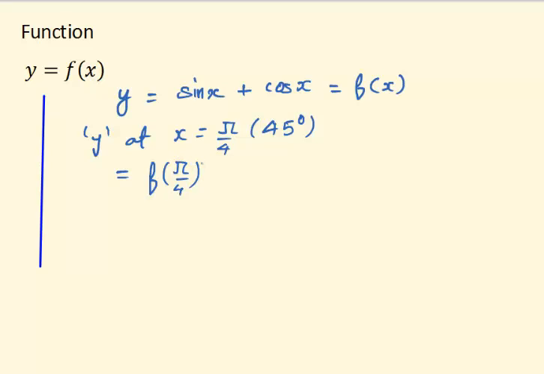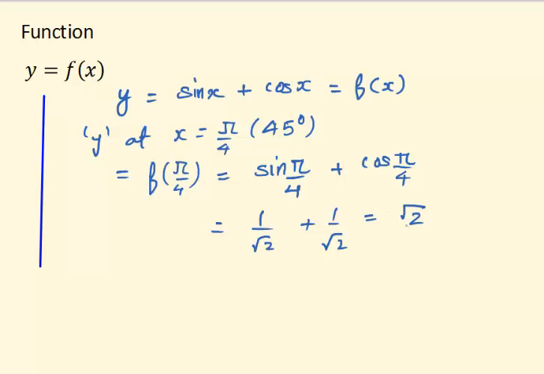That means we have to put the value of x as pi by 4 in this function. We can write it as sine pi by 4 plus cos pi by 4, which is sine 45 degree plus cos 45 degree, which is 1 by root 2 plus 1 by root 2. See, the answer would be 2 by root 2 or just root 2.